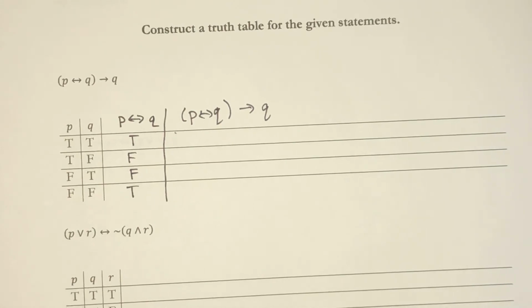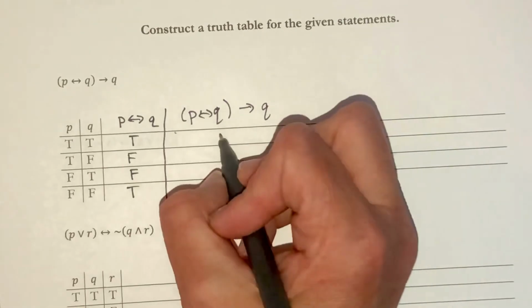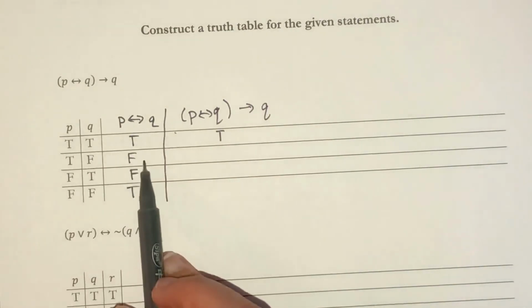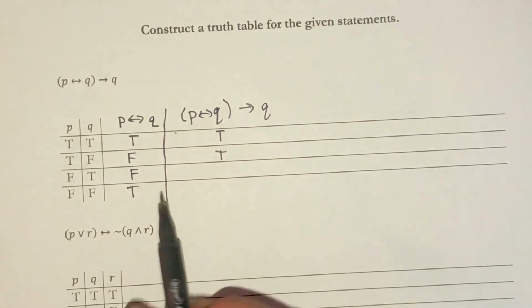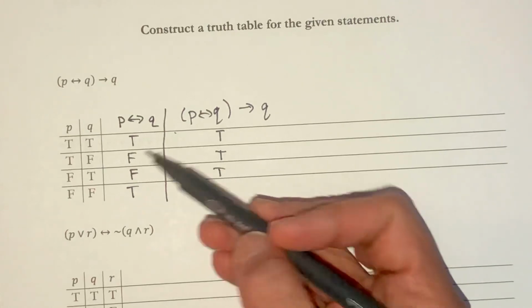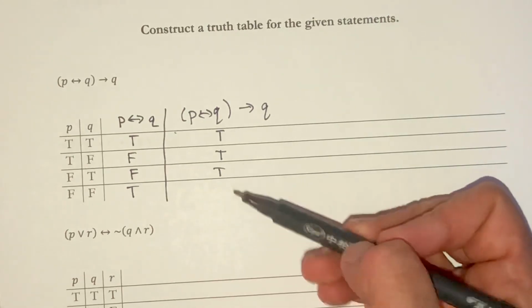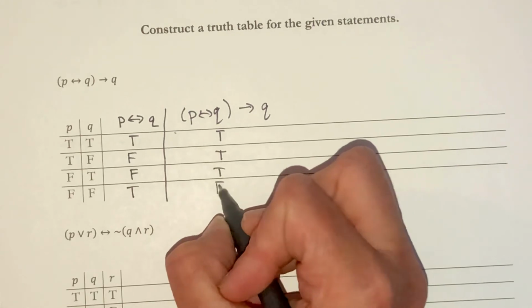So if true, then true is true. If false, then false, that is true. If false, then true, that is true. Because remember, if your first statement is false, it's automatically true on a conditional because no promise was made, so it can't be broken. And then if true, then false, that one is false.